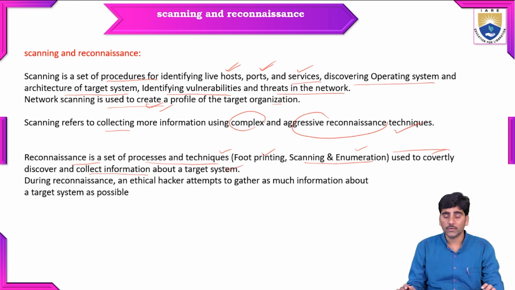The main importance of scanning and reconnaissance is to find out the details of the target system or target network: identifying live hosts, ports, services, vulnerabilities, and threats in the network. During reconnaissance, an ethical hacker attempts to gather as much information about a target system as possible.